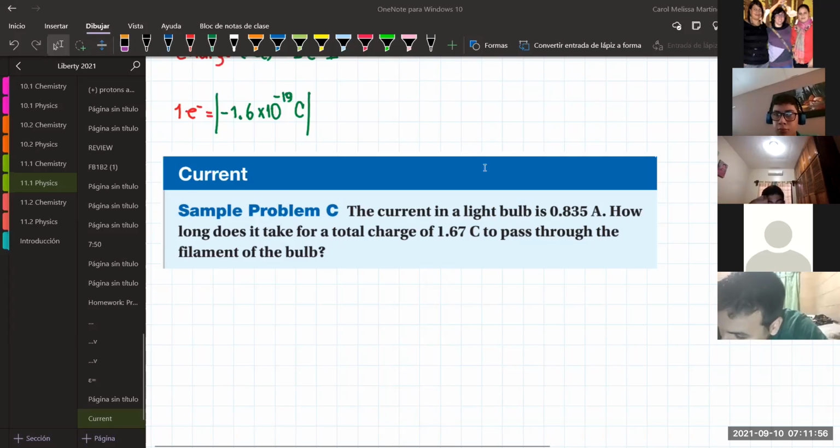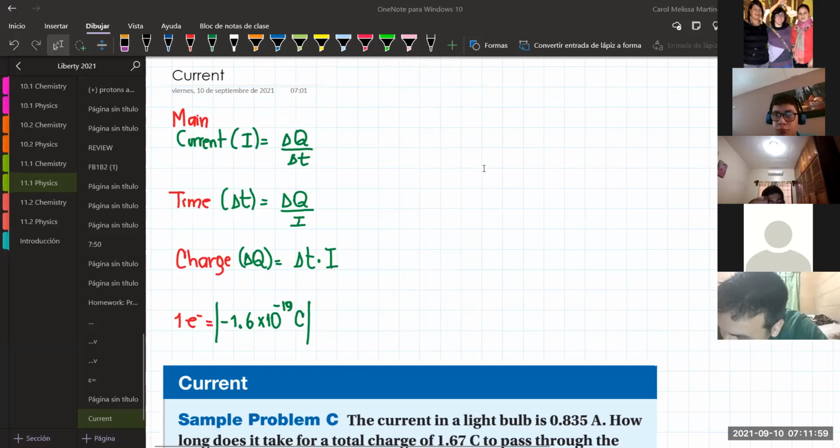but I just want to remind you, current is going to be measured in amperes, denoted by the letter A, and 1 ampere is equal to 1 coulomb over second.